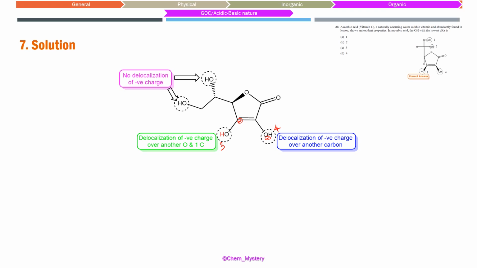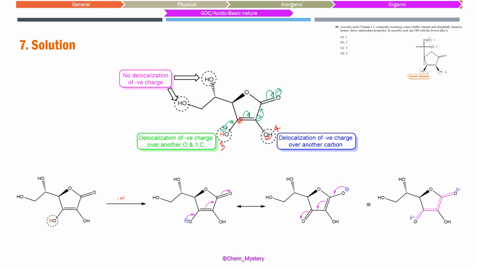Thinking about oxygen number 3. If there is a negative charge present over here, this negative charge will go in resonance like this onto this carbon, and then that can go on to another carbon. This negative charge is being shared by 3 atoms. We can see here. When this negative charge is being shared over 3 atoms, 2 of those are oxygen atoms.